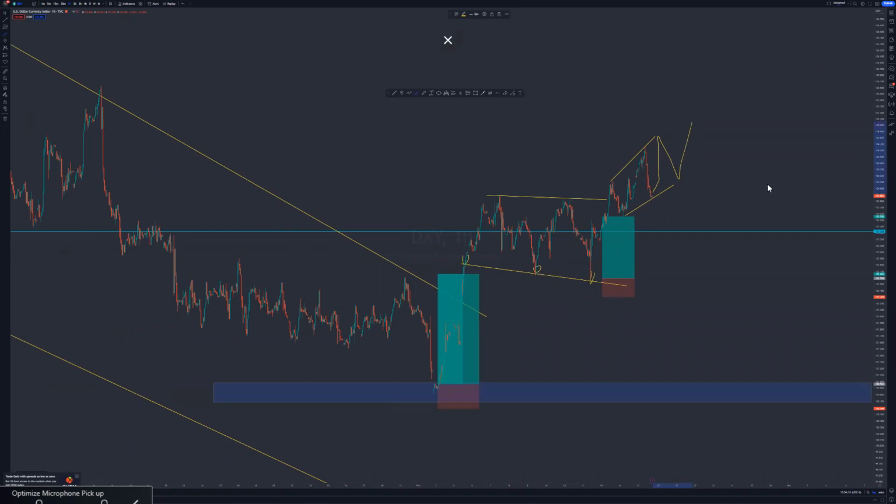I'm not using a mouse, so don't mind whatever I'm drawing here. But as long as you guys can understand. So here we could say we are having a what? Another entry. So the entry will be based on here. The entry will be based on that level. If price doesn't do what you wanted it to do, don't involve yourself.